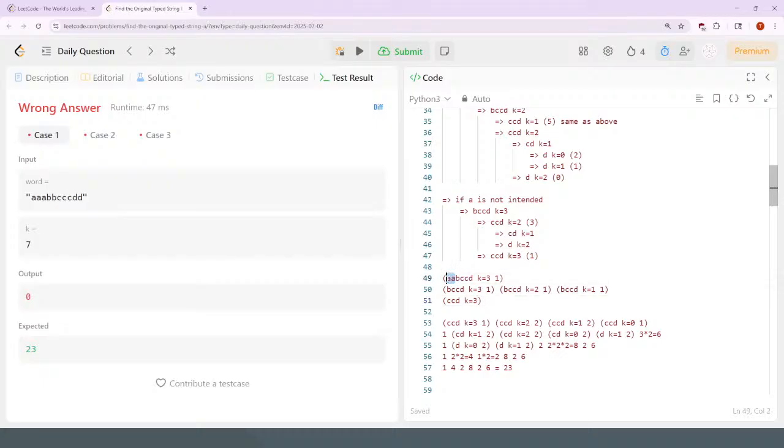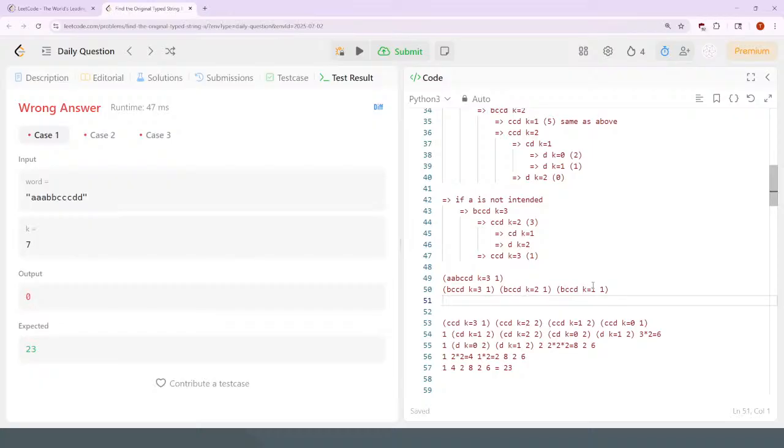So AA, 0, 1, or 2 of those A's were intended. If it's 0 A's that were intended, then I go to the things after the A's, keep K the same. If 1 A is intended, then I decrement K by 1. If both A's were intended, then I decrement K by 2. Okay. At this stage, I have 1 B. So that means either 0 or 1 B is intended.